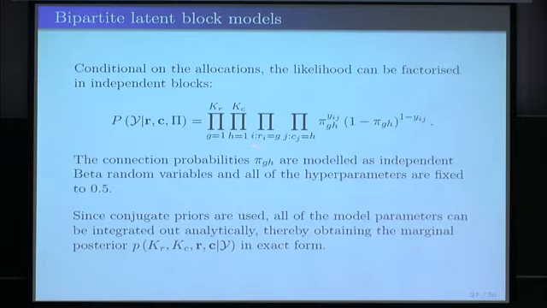And again, the pi GHs are modeled as IID beta random variables. This allows us to get a marginal posterior for the number of groups in the rows, columns, and the two partitions R and C. We can sample from that, and that sample is then used inside the greedy algorithm.